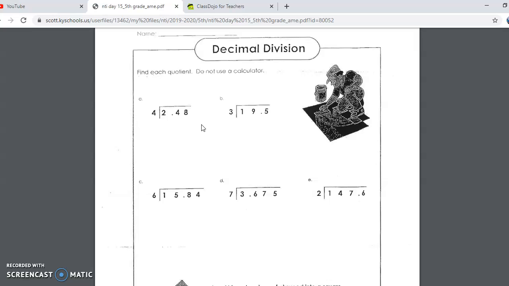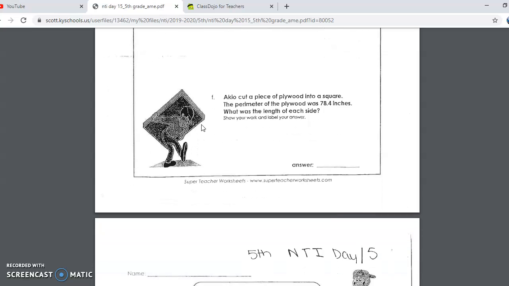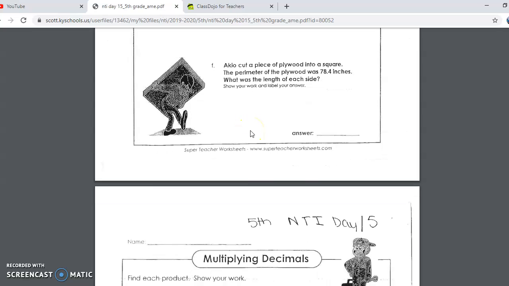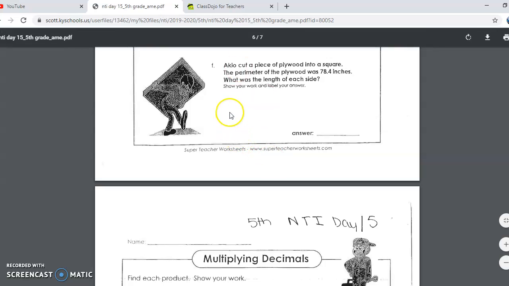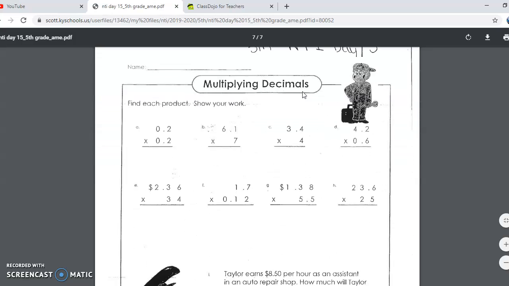Go ahead and do your regular division process. Okay, then there is a question here about perimeter and that you need to find the length of each side. Okay, so just think how many sides are in your piece of plywood square. Okay, then multiplying decimals here.